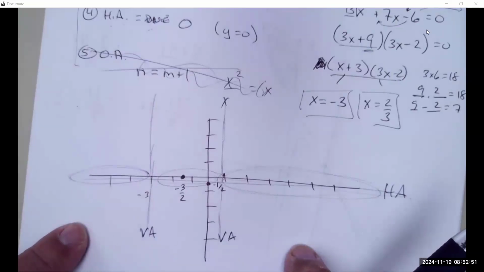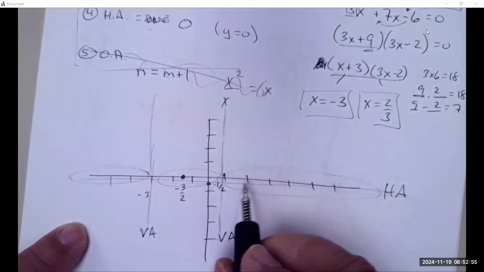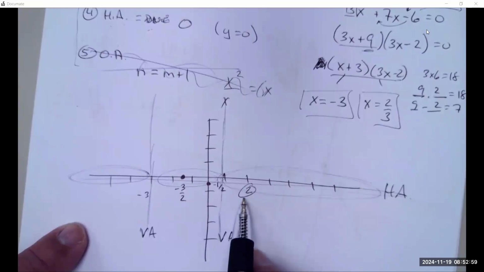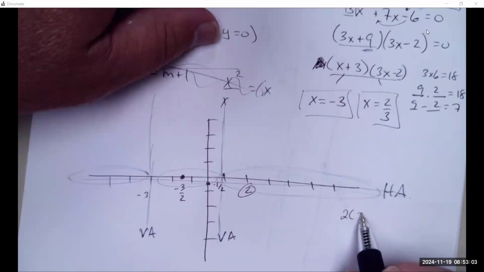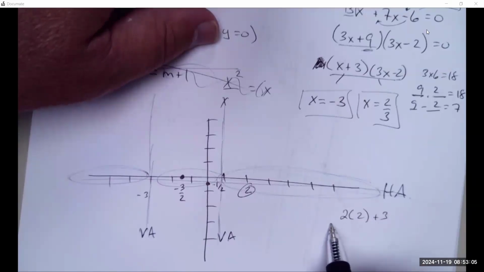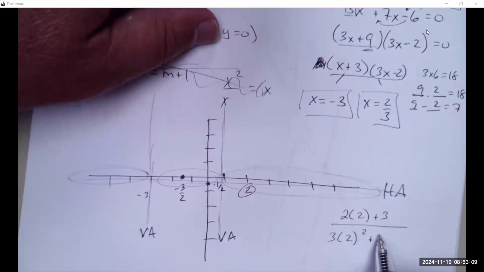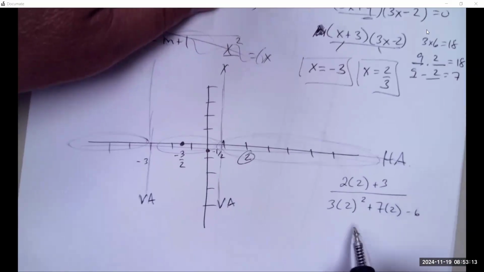How do we determine that? Pick a value. So if I pick 2 and I put it inside the equation, 2 times 2 plus 3, 3 times 2 squared plus 7 times 2 minus 6, and work it out.